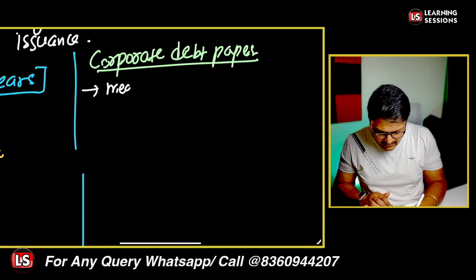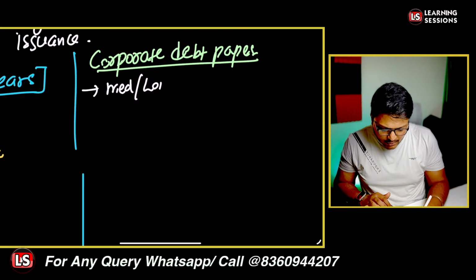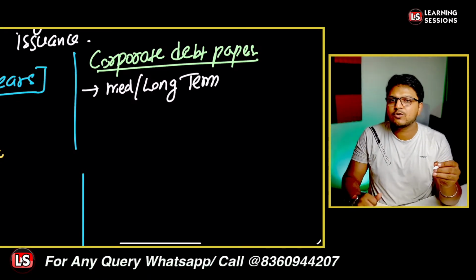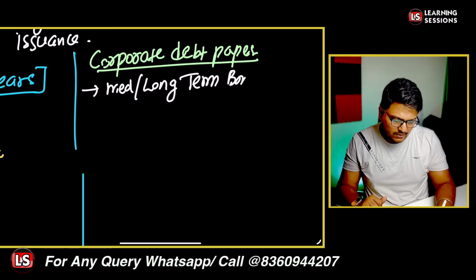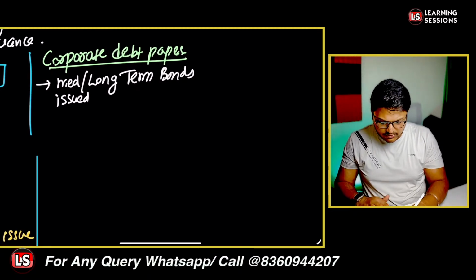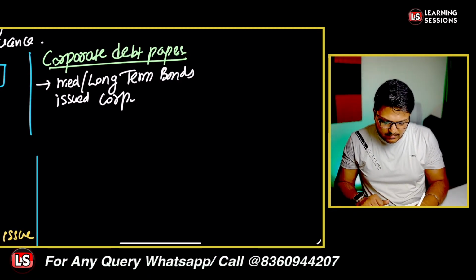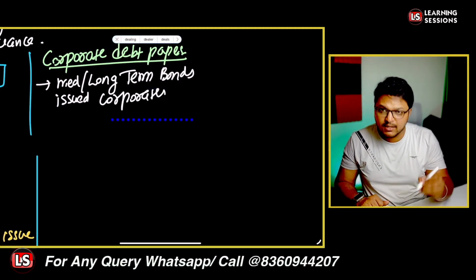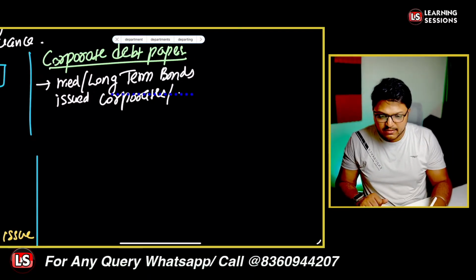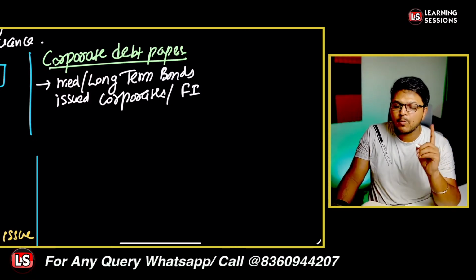It basically indicates medium and long-term bonds which are issued by the corporates and financial institutions. These are not issued by the Government of India. These are issued by the corporates, basically by the financial institutions, but not by the Government of India.